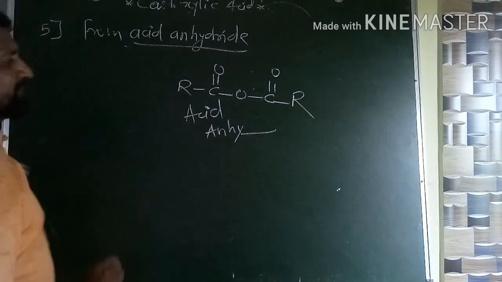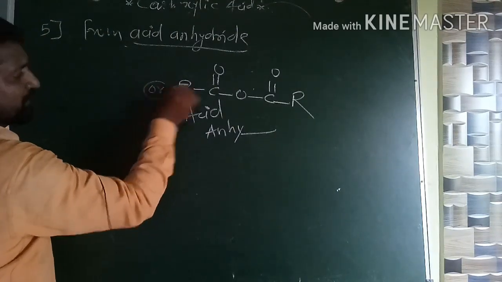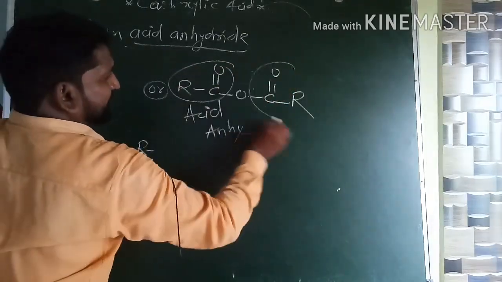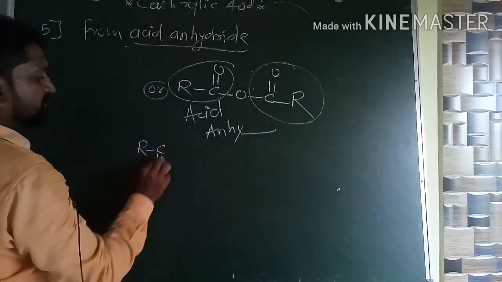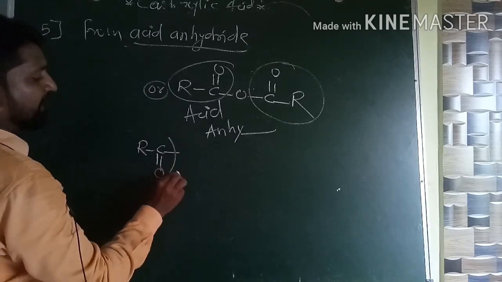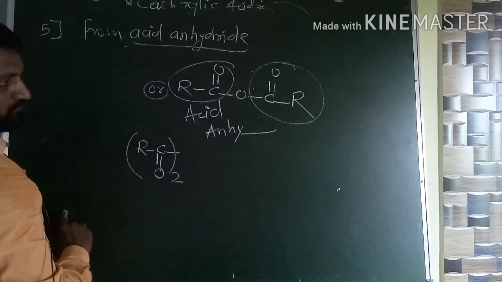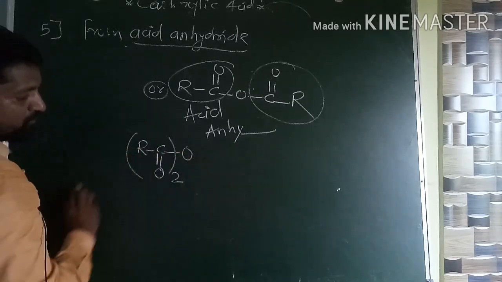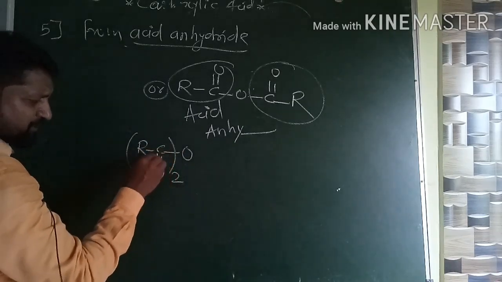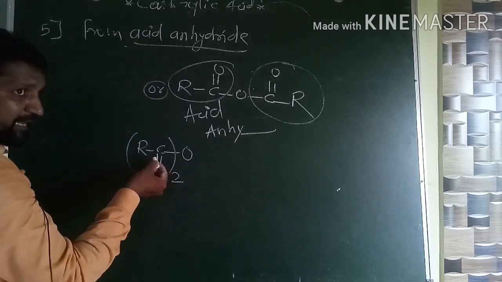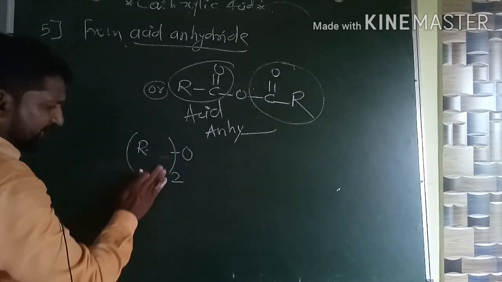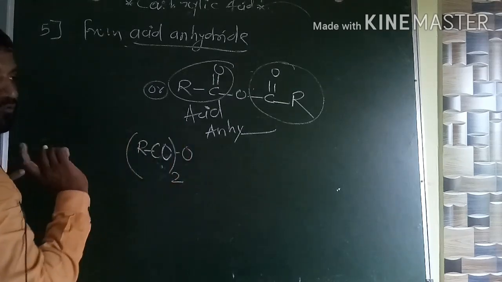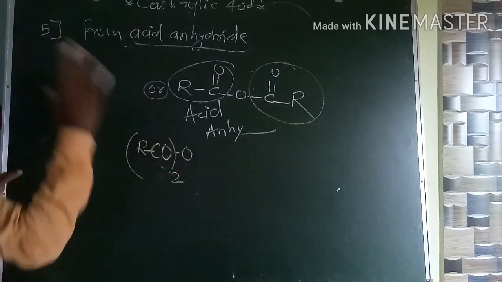Now, in abbreviated form, in condensed form, you can write same example. See here. Repeated. Therefore, RCO by 2 and here O. RCO by 2O. So RCO, we know there is double bond between C and O because it is carbonyl compound. Therefore, you can again write simply RCO by 2O. Okay. So this is your acid anhydride.